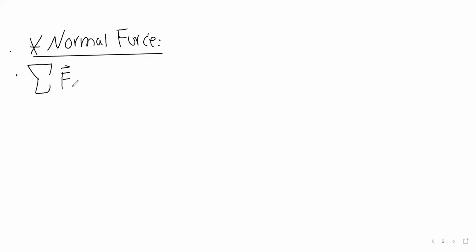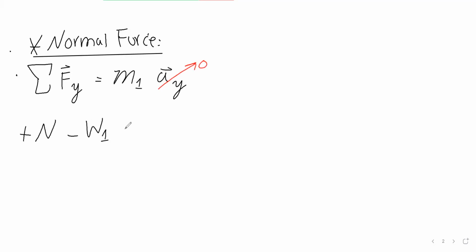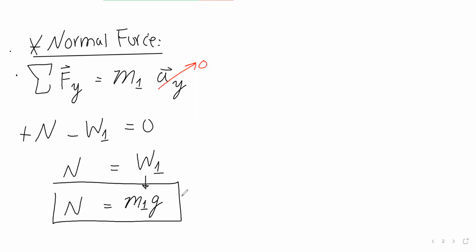Add together all forces in y equals M1 AY. Now block 1 is not lifted vertically off the table. It doesn't move up and down, so the vertical acceleration is 0. There's just a normal force and a weight. So N equals W1, so N equals M1G. That's equation 2.